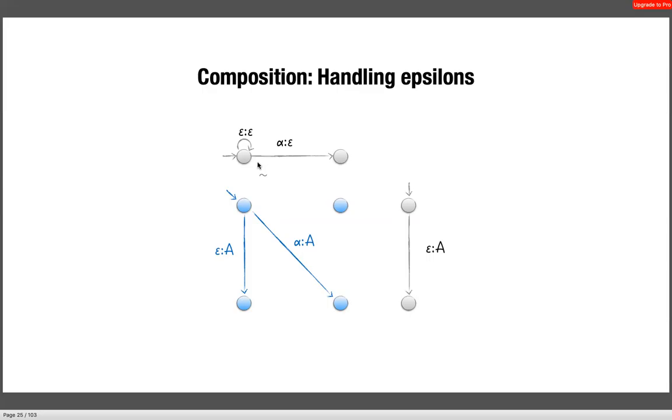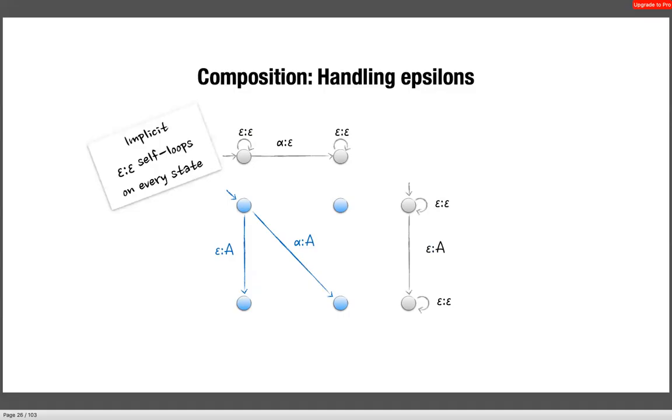So to easily think about how this transition appears in the composed machine, you can think of there being this implicit epsilon epsilon self loop, which means that here in this machine, you will take this epsilon epsilon self loop, which means you stay in this particular state. And then you're producing this epsilon as an output. Think of it almost like a regular symbol. And that epsilon is consumed in this particular machine.